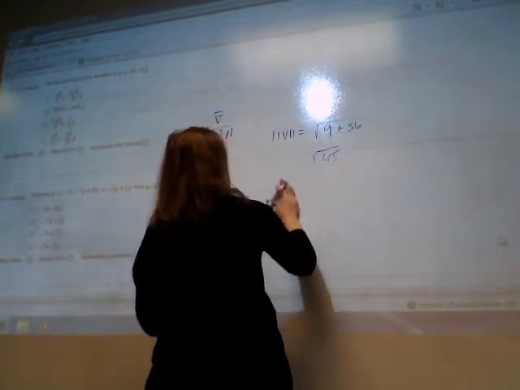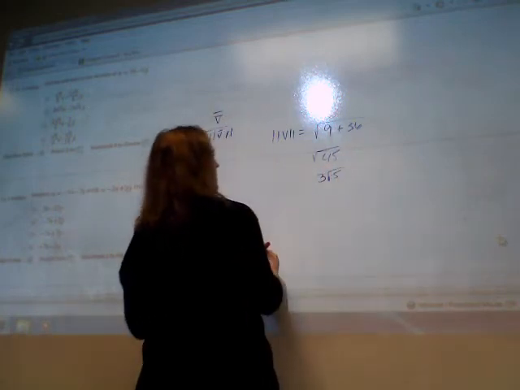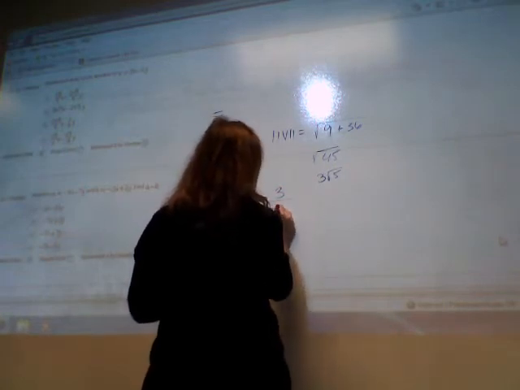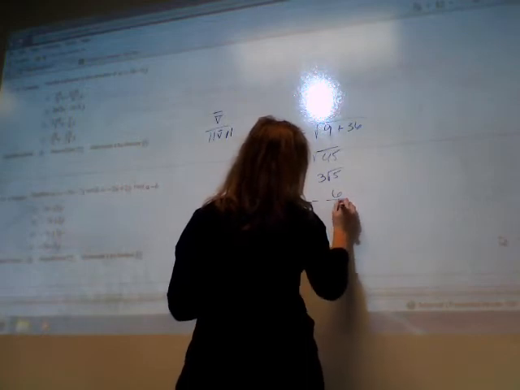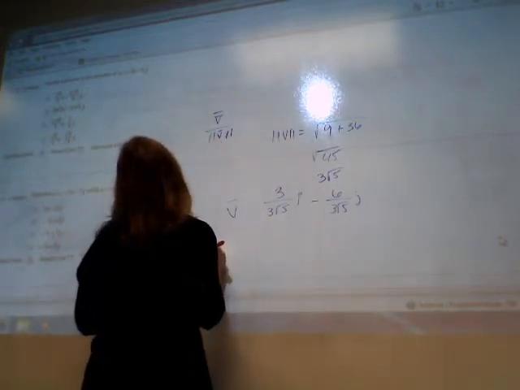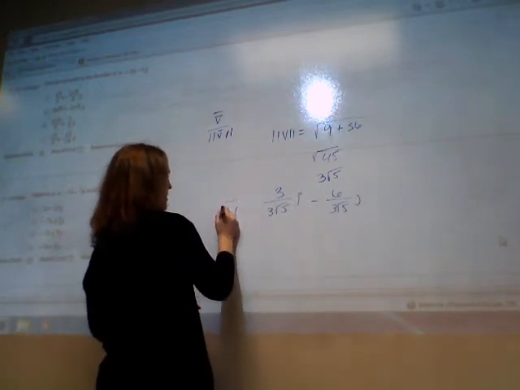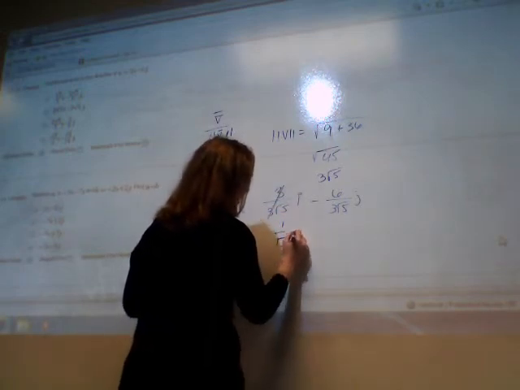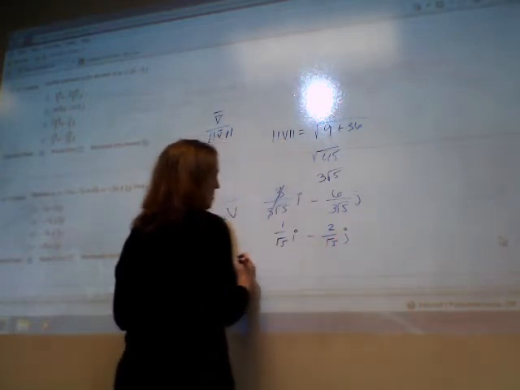This reduces, and I can't help but fix it. This is unit vector v. We cancel the 3, so we have 1 over root 5 i minus 2 over root 5 j.